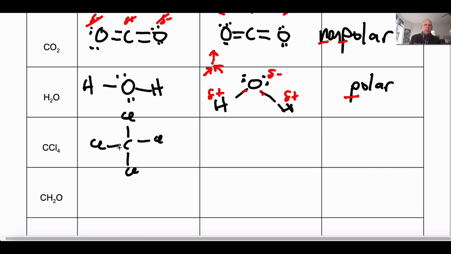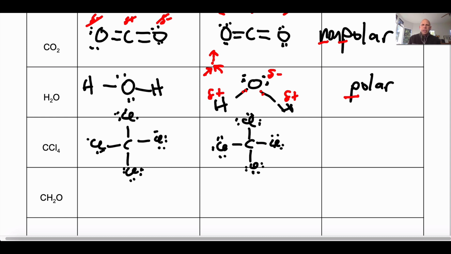So let's do CCl4. This is going to be a tetrahedral molecule, with lone pairs on the outside of these chlorines. Tetrahedral is kind of tricky to draw. You can draw it this way if you'd like, or you can draw it more like a tripod if you want.